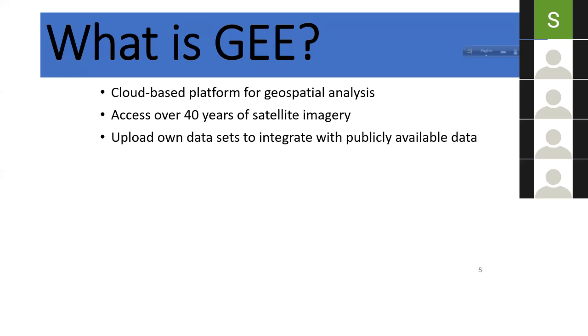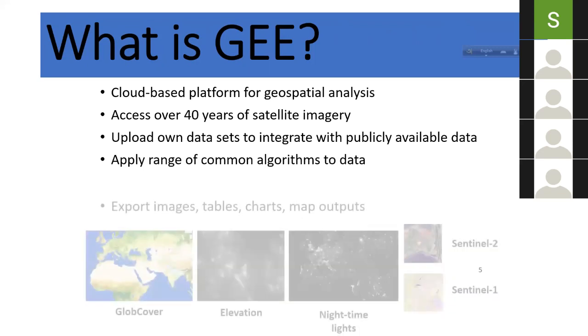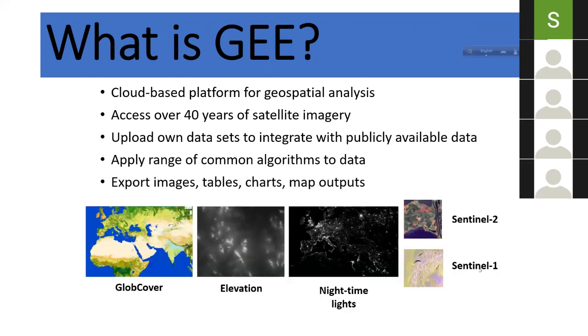Also, you can upload your own dataset or integrate publicly available data in Google Earth Engine and use them, apply a range of common algorithms to the data, and finally export these images, tables, charts, or map outputs.